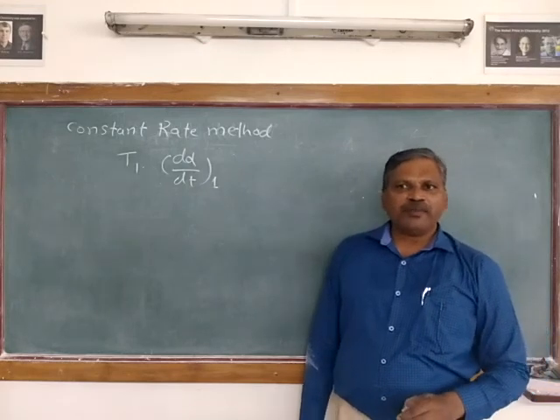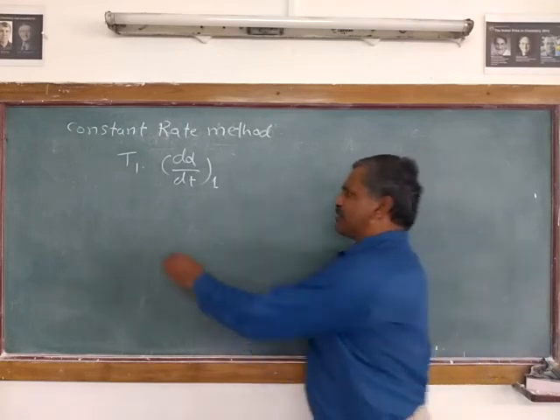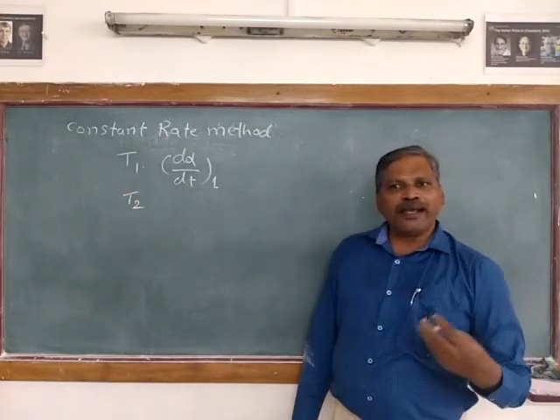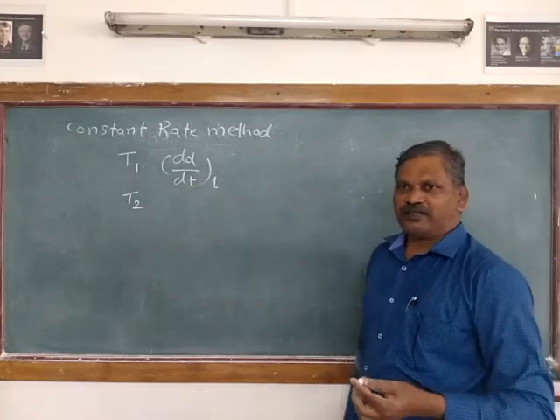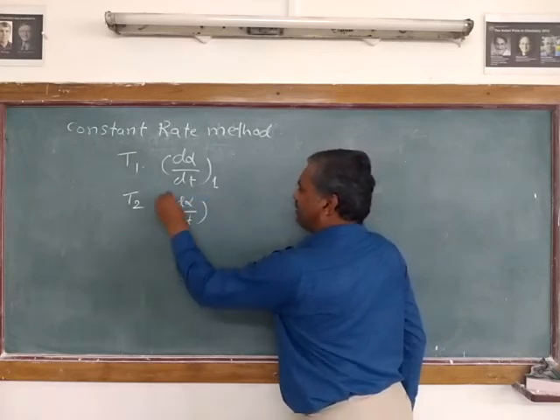And when it is rapidly raised to a new temperature, say T2, the new constant rate will be d alpha by dt at T2.